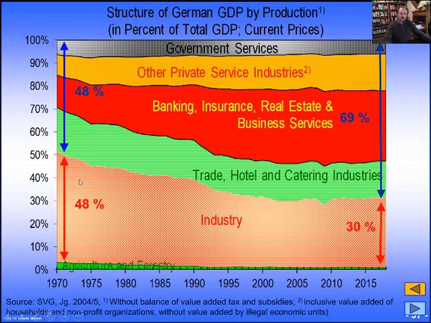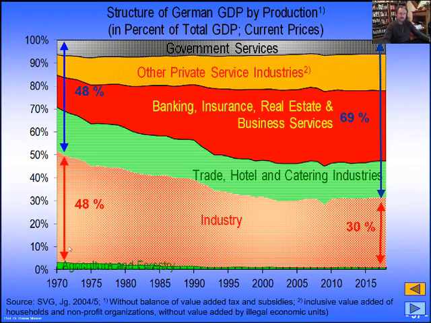What we observe here is that there has been some change in the composition of GDP according to the production account. Let's start with agriculture and forestry. The share of agriculture and forestry at the beginning of the 70s was about 4% of GDP. Now it has nearly disappeared. It is very, very small. It's a little bit more than 1%.